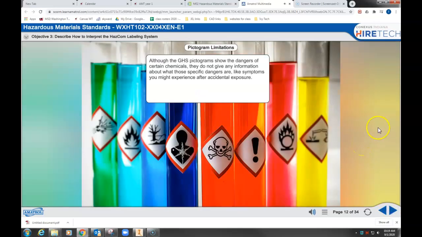Although the GHS pictograms show dangers of certain chemicals, they do not give any information about what those specific dangers are, like symptoms you might experience after accidental exposure. That is why OSHA's HAZCOM system requires every hazardous chemical to have a safety label that includes more information than just its pictograms.